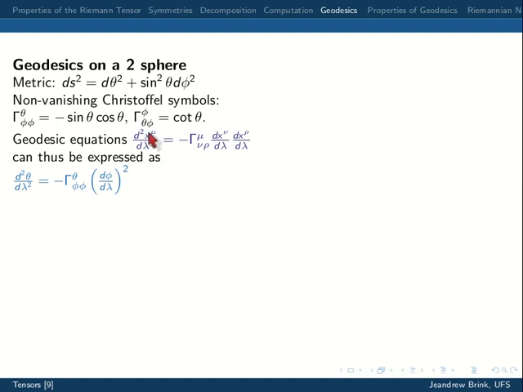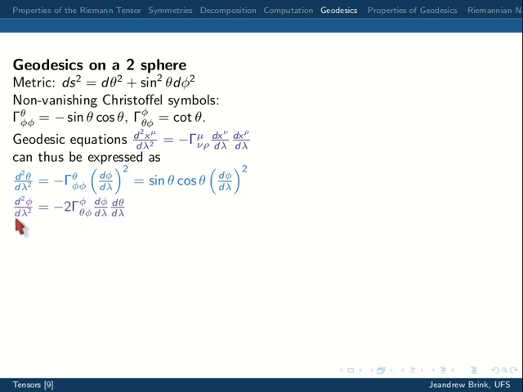The only one with theta is phi, so it's minus Γ^θ_φφ (dφ/dλ)². If you had a Christoffel symbol with theta, phi, theta, you would have added a second term over there. And so we substitute in our Christoffel symbol, and so we have this equation, so that's one of them.